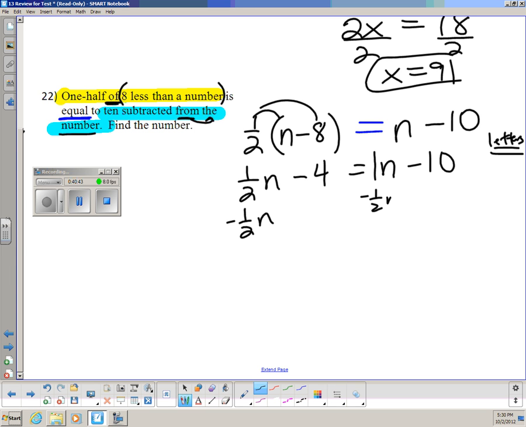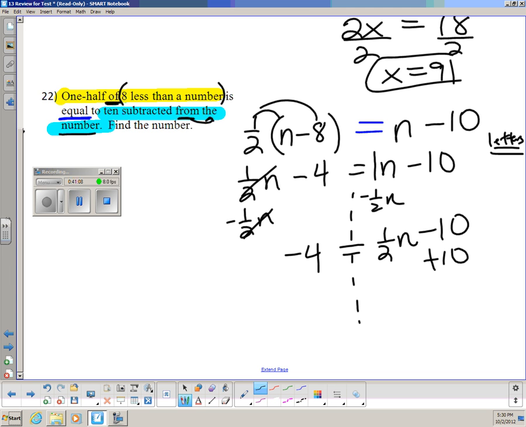So I want to subtract 1/2 n from both sides. So this will cancel, and I'll get negative 4 equals 1n minus 1/2 n. If someone has $1 and spends 50 cents, that's half a dollar, you have half left. So that would be 1/2 n minus 10.